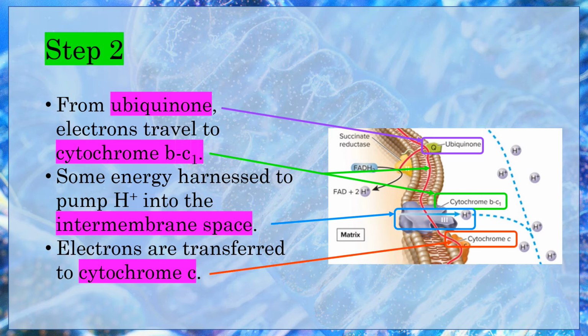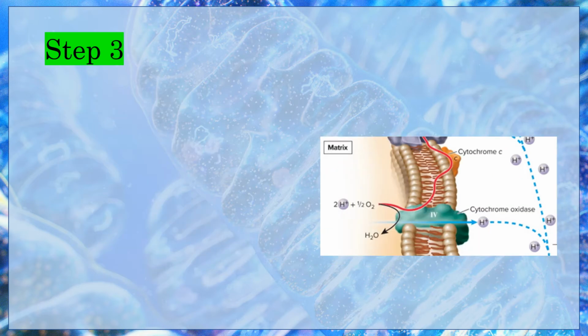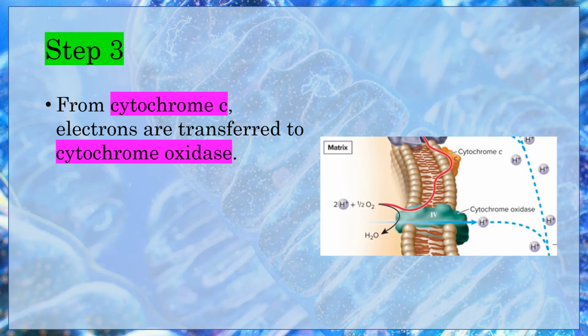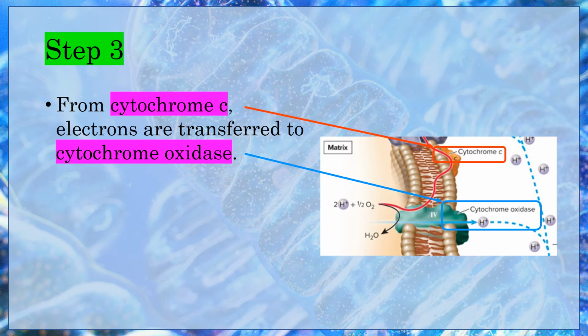Okay, now if you're following me, you'll see all these hydrogen ions, or electrons, over here on this side. So it's gaining all those electrons that had been brought to us from the other two cycles. Okay, from the cytochrome C, electrons are transferred to cytochrome oxidase, another enzyme, seen there in the orange and in the blue.